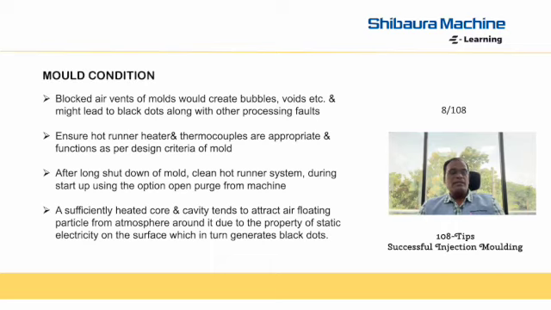That dust can settle on the core and cavity of the mold and cause black dots or contamination in the molded part. It is better to keep the environment around the mold clean from dust and also ensure that the heating system of the mold is connected with earthing so that attraction of foreign particles on the mold is minimized.